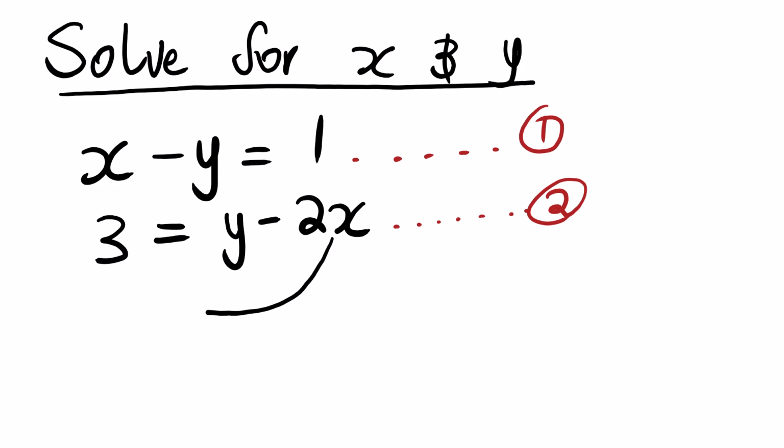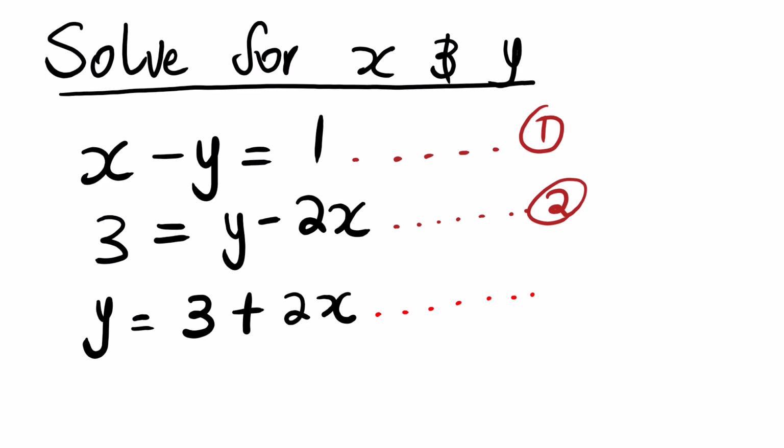Now I will simply transpose this 2x to the other side. Transposing 2x, I'll be left with y equals to 3, since we have negative 2x, it will be positive 2x. After doing this, I will label this as my equation 3.